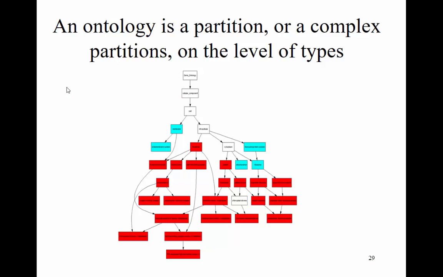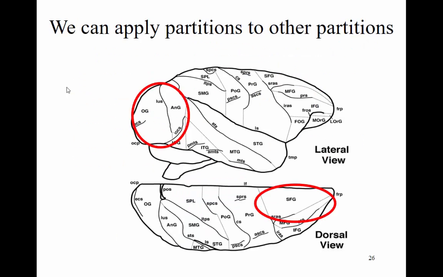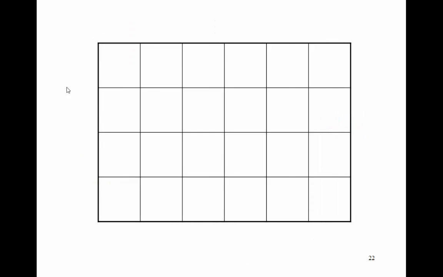So this is designed to show you that ontologies are also partitions, but now we're dealing with a complicated series of interrelated partitions which make up a bigger partition. So if we go back again to this here, this partition includes this partition as a sub-partition.